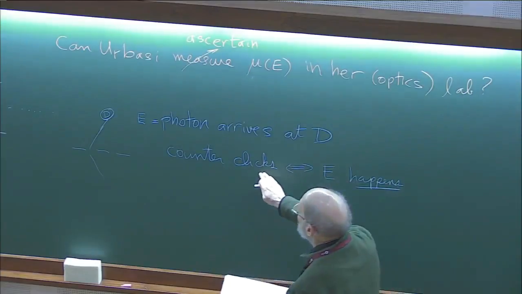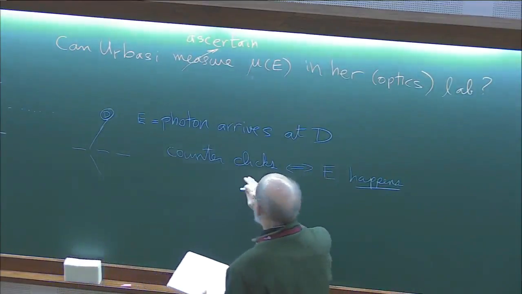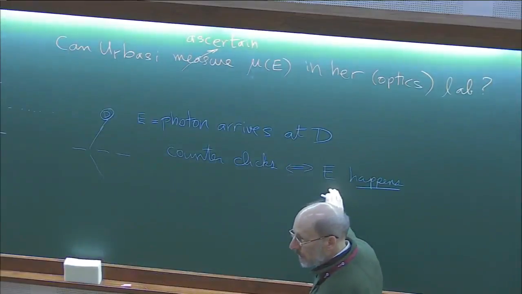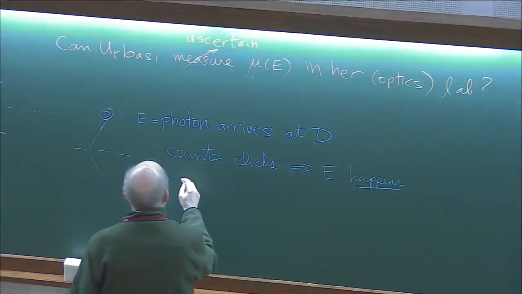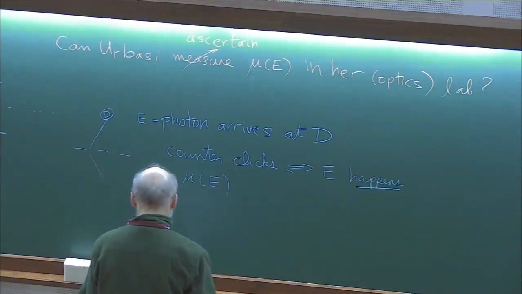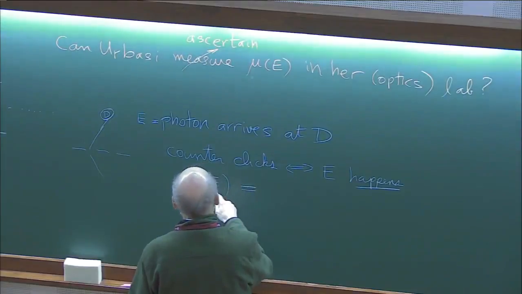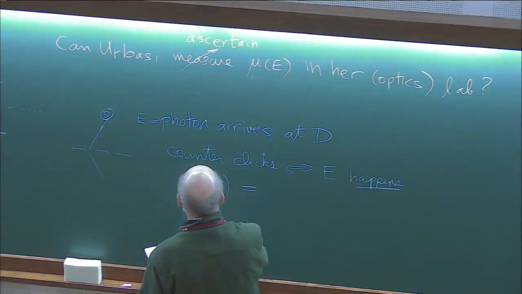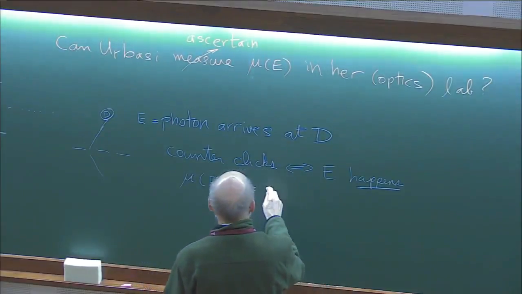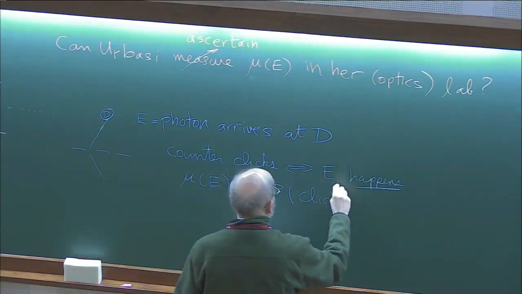If this was a classical event, classical histories, then there'd be no controversy at all in saying that this is true. So having set such a thing up, the quantum measure in this case, or in the classical case the classical probability, is just the probability of this click, right?